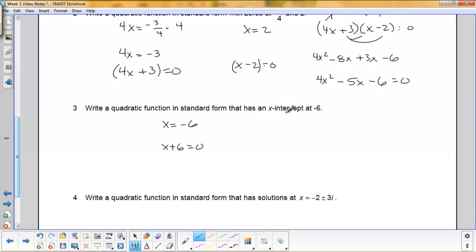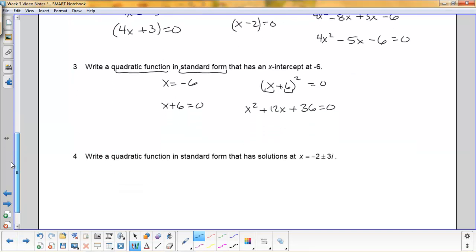And because it's only one single x-intercept and it's a quadratic function, that's x plus 6 quantity squared equals 0. That's your perfect square trinomial. So there's a squared, plus 2 times a times b, plus b squared. And there's your function in standard form.